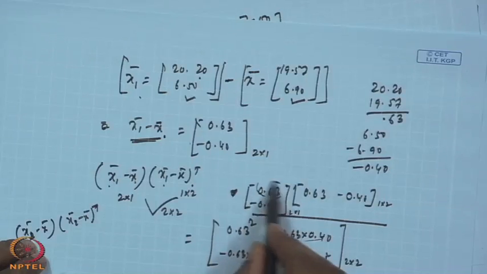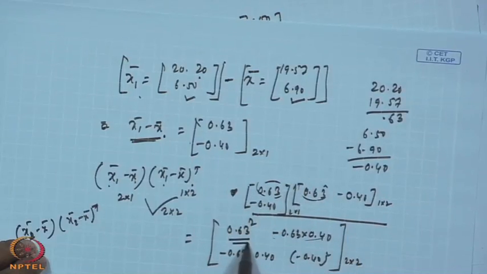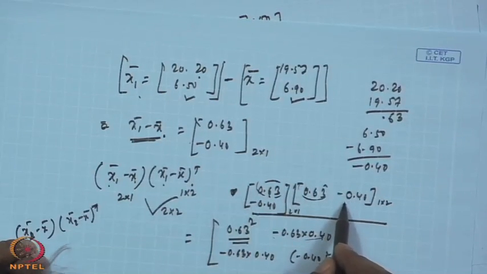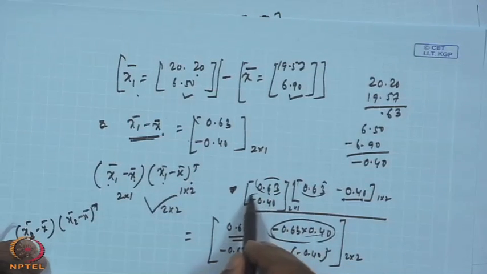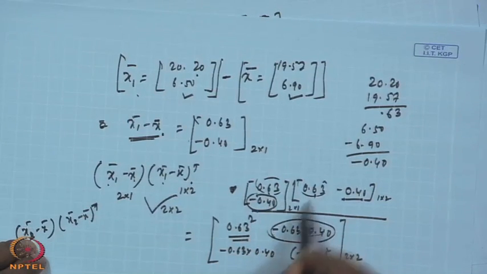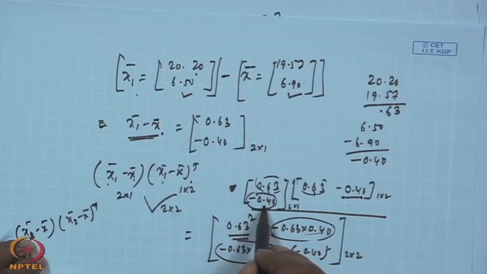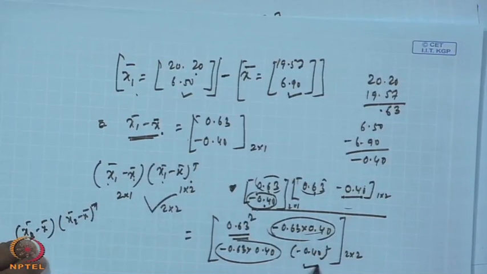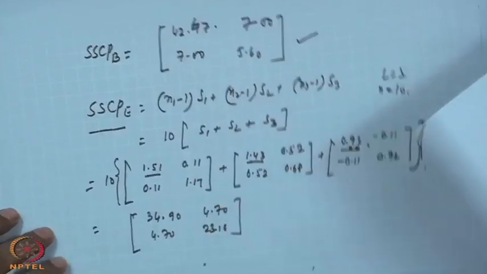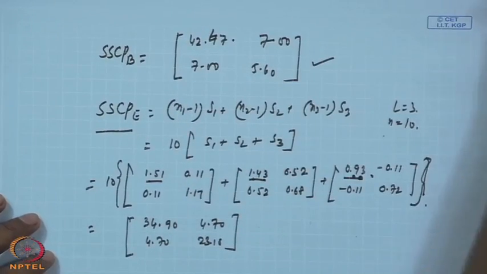So, 0.63 into 0.63, that is 0.63 squared; 0.63 into minus 0.40, this will be the value; then minus 0.40 into 0.63, this is the value; and minus 0.40 into minus 0.40, this is the squared value. The resultant values are like this.